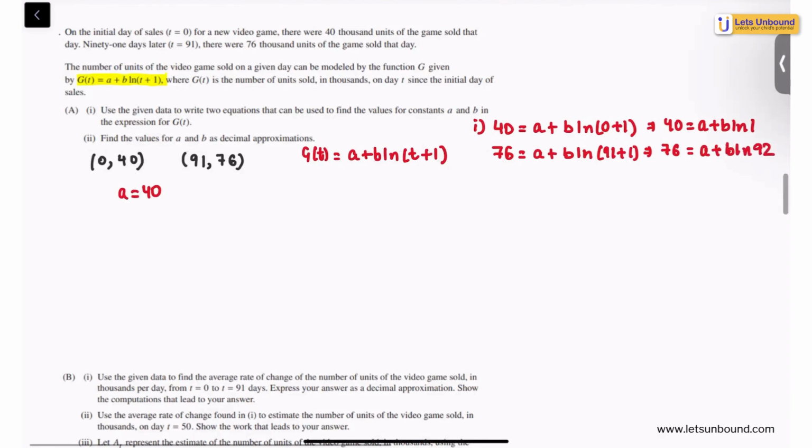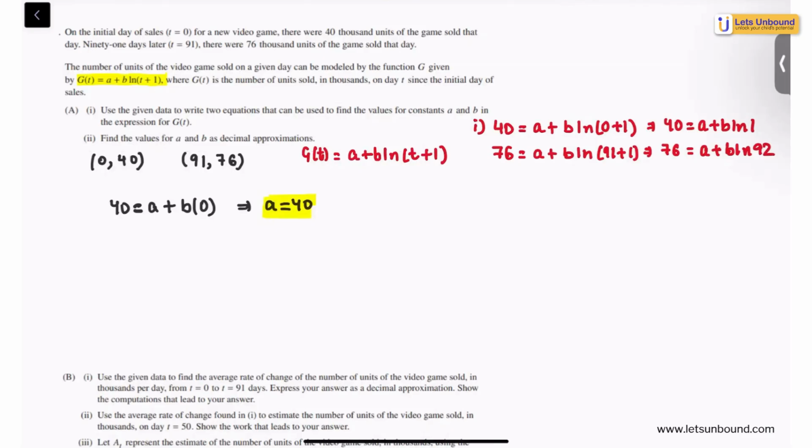But we do not have to just keep ourselves restricted to writing down the equations. For the second part, we also have to find out the values of a and b. So for the first part, because we have the equation 40 is equal to a + b ln 1, and ln 1 we know is 0, this implies a is 40. So we've got the value of a for the first part.